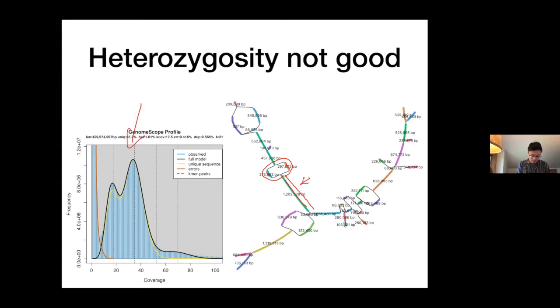You can see this is the main peak, and you have a secondary peak right here, at roughly half the coverage. This is a classic heterozygous peak. So it's always good to shallowly sequence some of the individuals to see what level of heterozygosity they have.